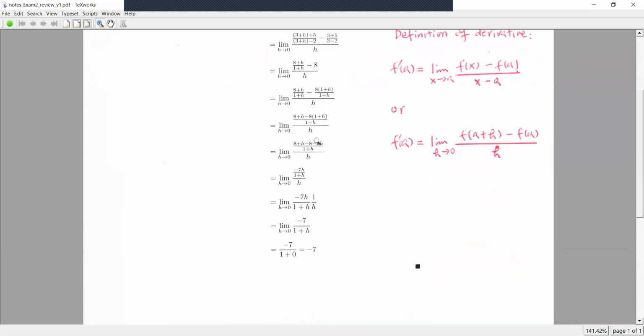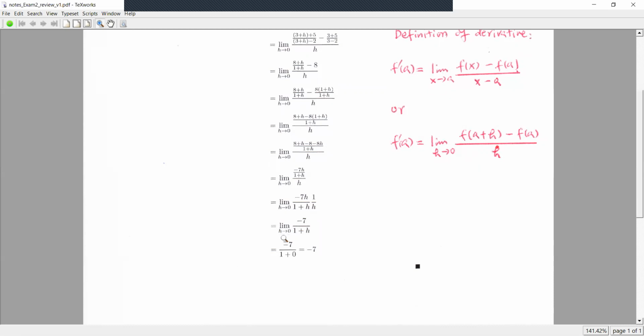Cancel the 8, and h minus 8 times h is negative 7 times h. Then I have this equation. Then write this quotient as this quotient times 1 over h. Cancel h, then I have this equation.